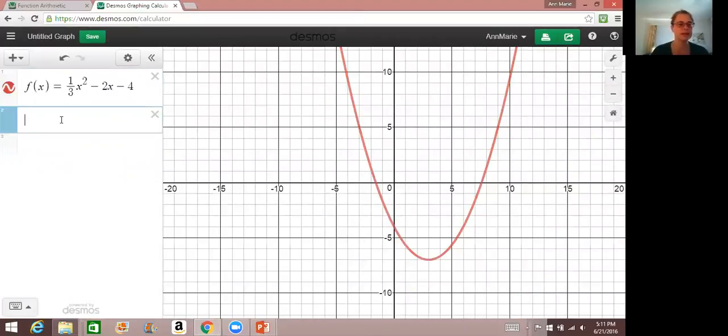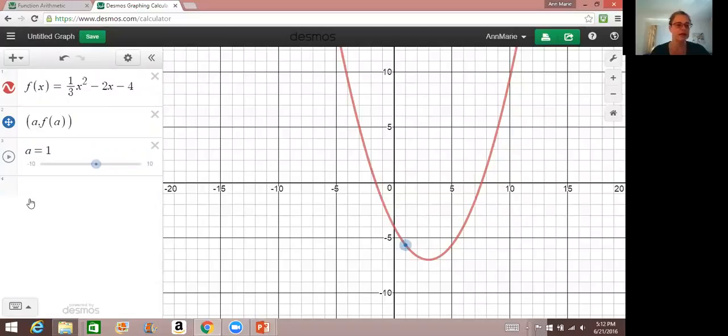Okay, and now I'm going to pick, say, x equals 1. So I'm going to put on the point 1, f of 1. This is my x value, okay? And actually, I'm going to make that an a. And I'm going to be able to move my a around.